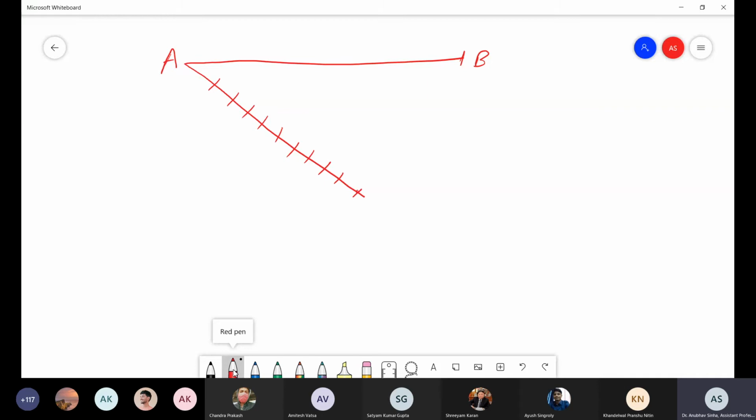The last point, I will join it to B. There's no question of parallel or anything. I'll just take this point, let us say Z, and number the points 1, 2, 3, 4, 5, whatever is there. Join this line to this line.